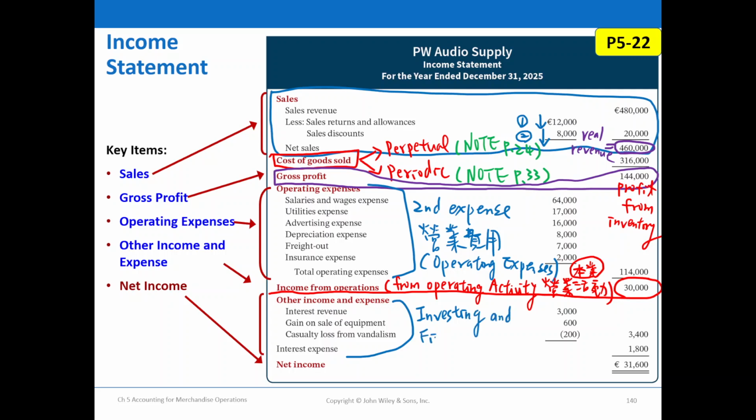Investing and financing activity, 投资与融资活动.